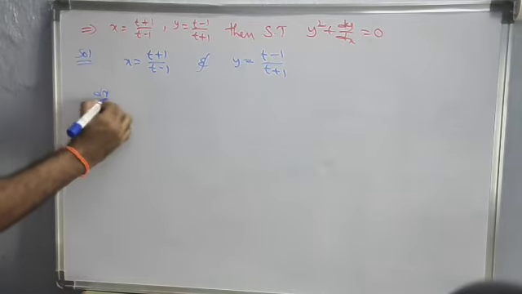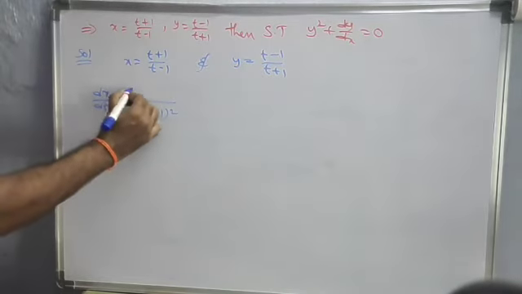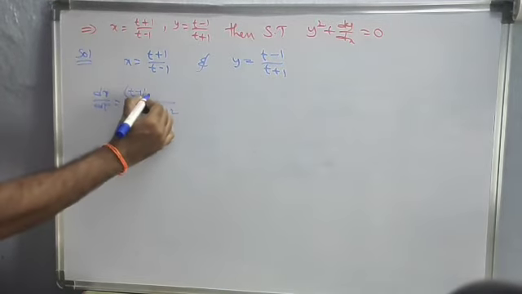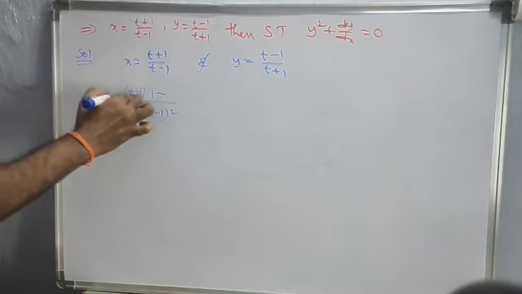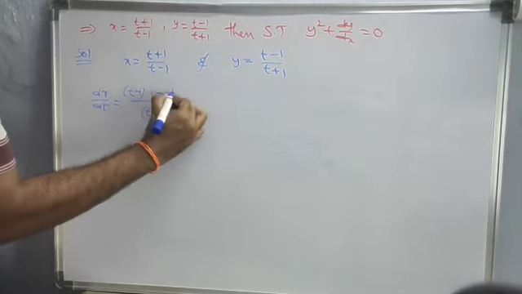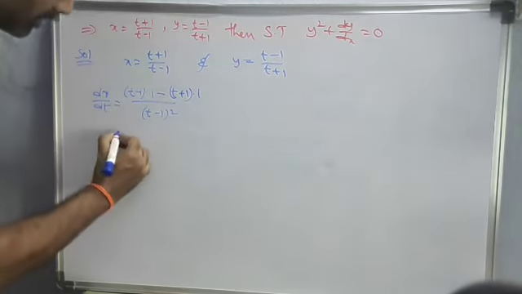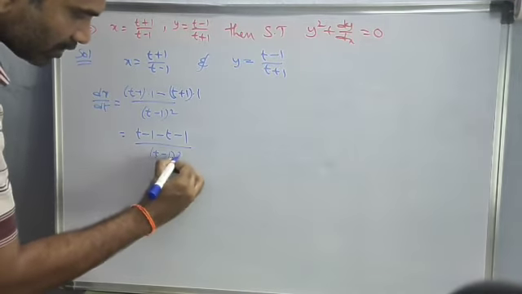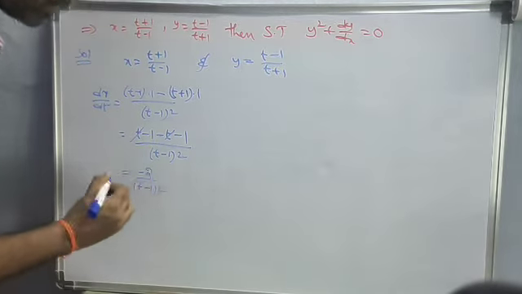So dx by dt equals (t minus 1)² in the denominator, and in the numerator, using the u by v formula, v into du by dt: t minus 1 times the differentiation of t plus 1, which is 1, minus u into the differentiation of t minus 1, which is also 1. So (t minus 1) minus (t plus 1) by (t minus 1)², t gets cancelled, giving minus 2 by (t minus 1)².